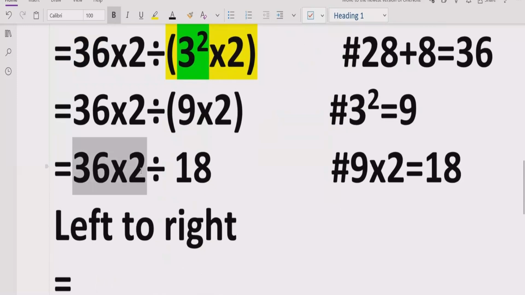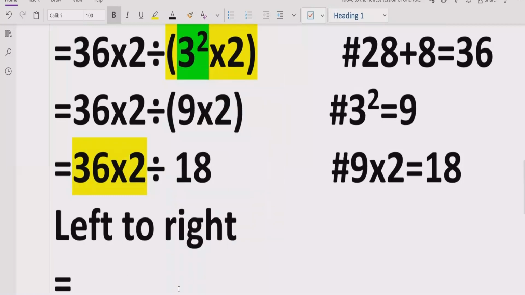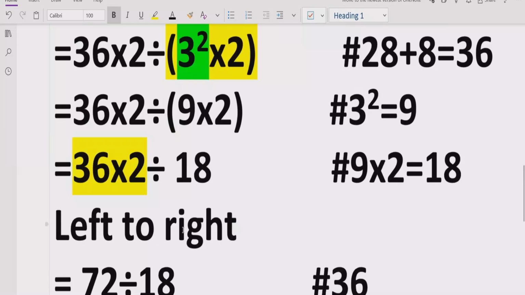First we have this multiplication. So we will multiply both of them. We will take calculator help: 36 multiplied by 2, which is equal to 72. And divided by 18, we will write here as it is. And here we have to give the reference: 36 multiplied by 2 equals 72.